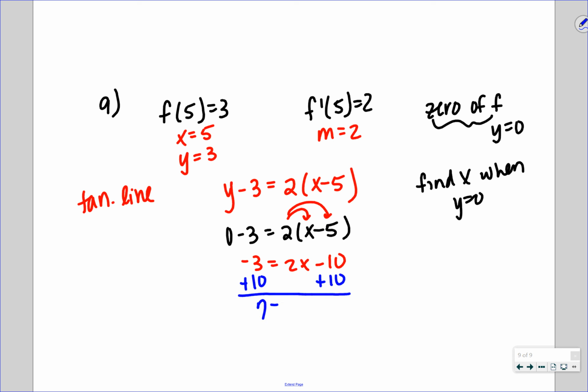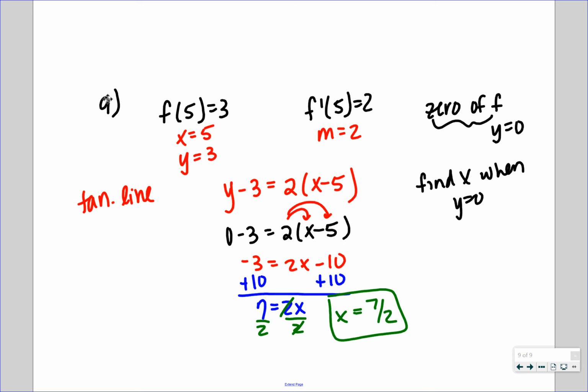Negative 3 plus 10 is 7 equals 2x. Divided by 2. X is 7 over 2. Well, that sucks, because f prime of x is negative 2.